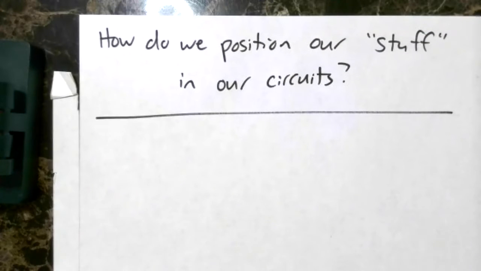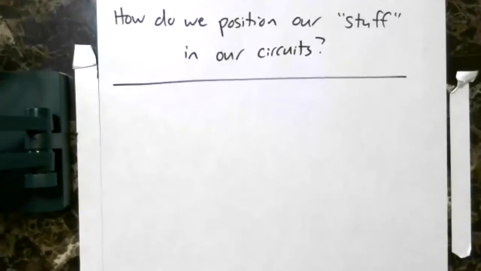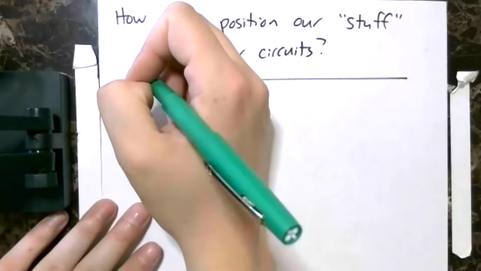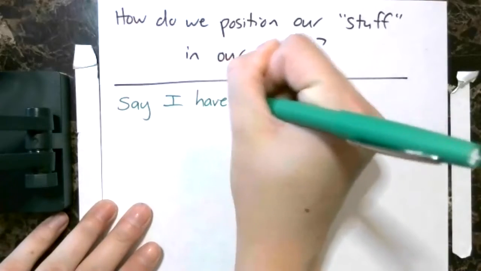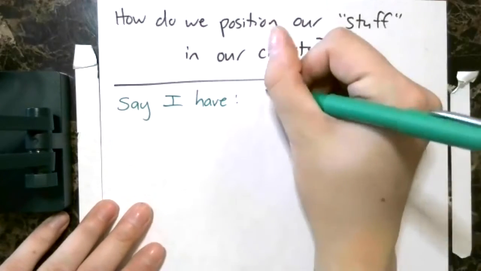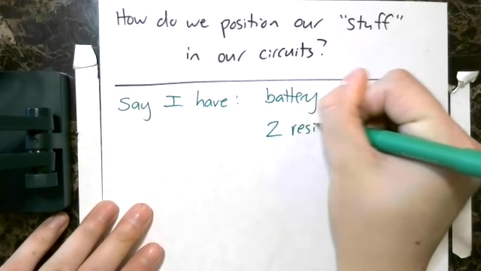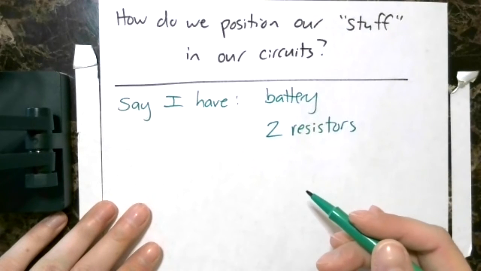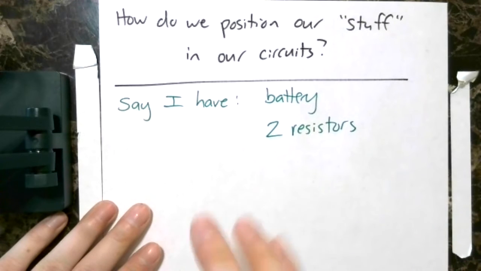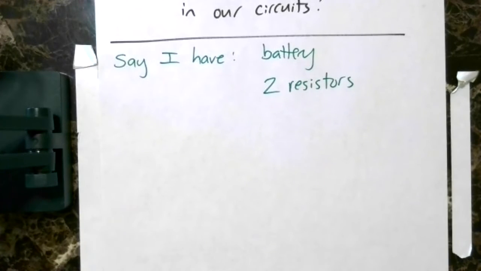The examples I'm going to draw, I'm going to say that I have a battery and 2 resistors. So I'm not actually powering anything in this circuit. I'm just trying to show y'all how they can be arranged, okay? We'll get more complicated later. Okay.